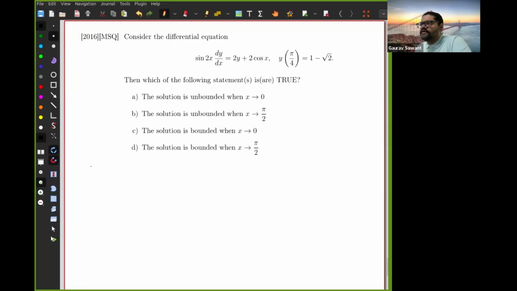Let me rewrite this as dy by dx equal to 2y cosec 2x plus 2 cot x.